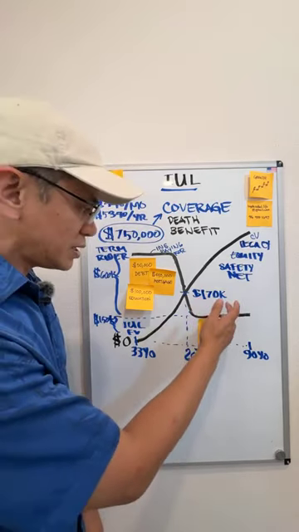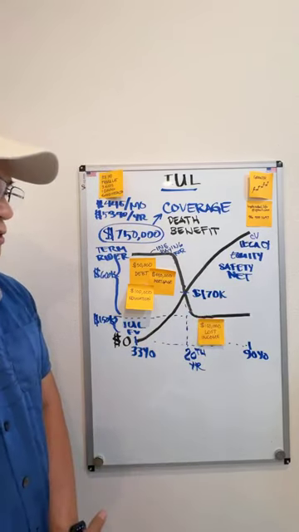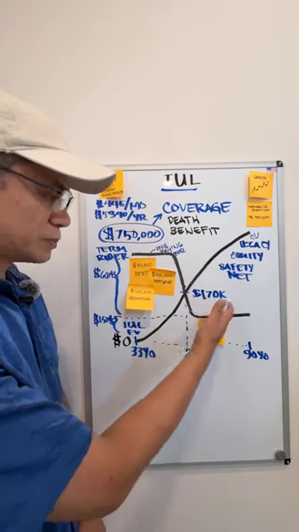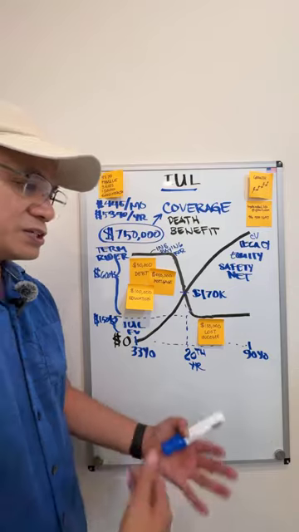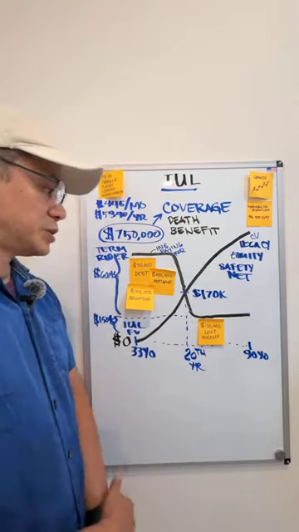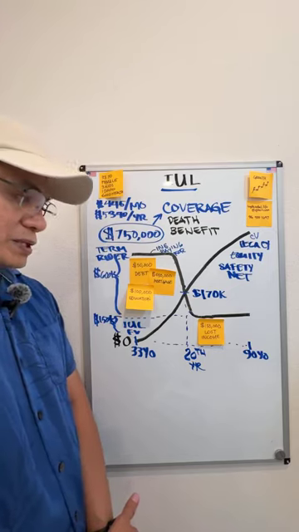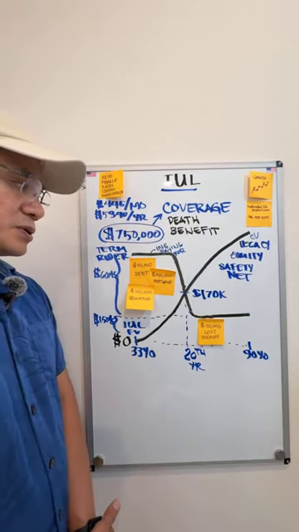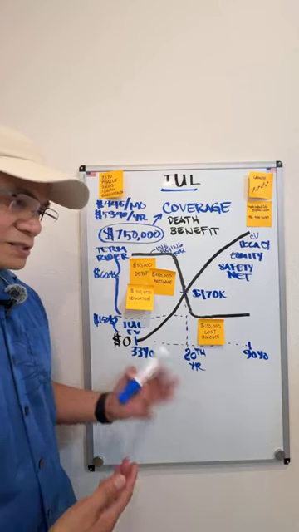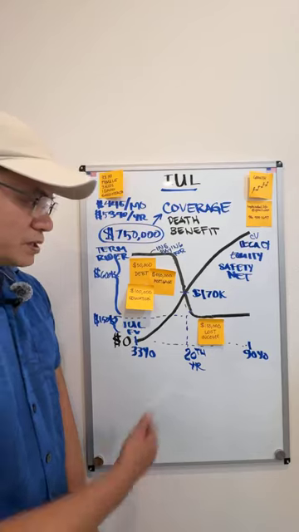And she could even pull out the $100,000 of total premiums that she's paid in. She can access the $100,000. Let's say she withdrew that $100,000 of premiums that she's paid in, and that's going to be tax free. She can withdraw the $100,000 of basis, the total amount of premiums that she's paid in.